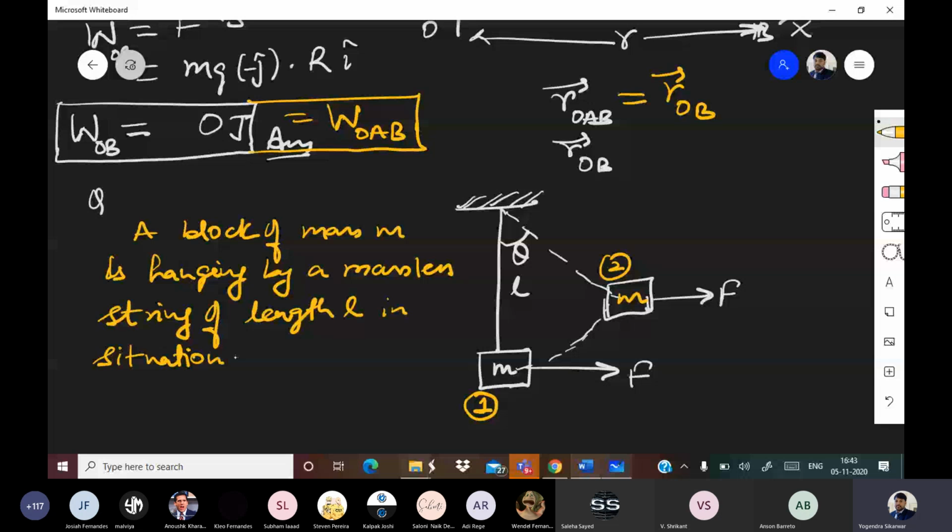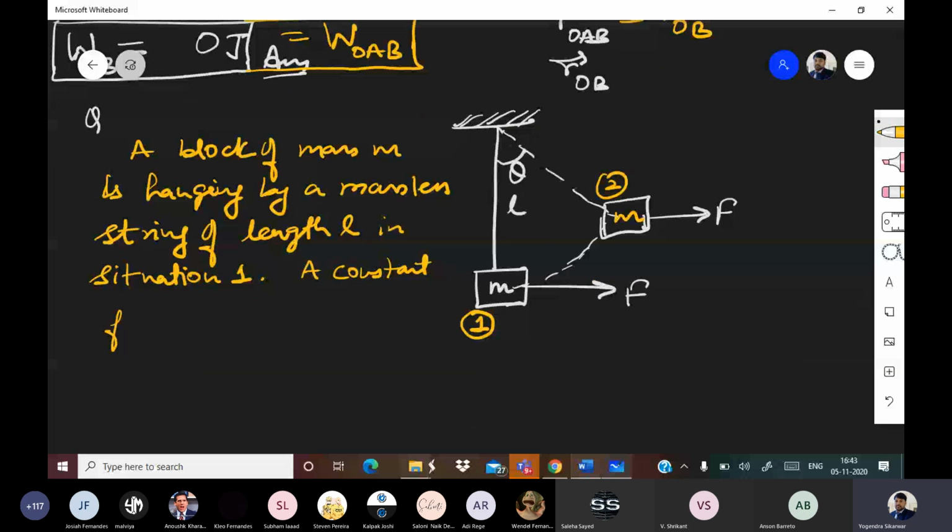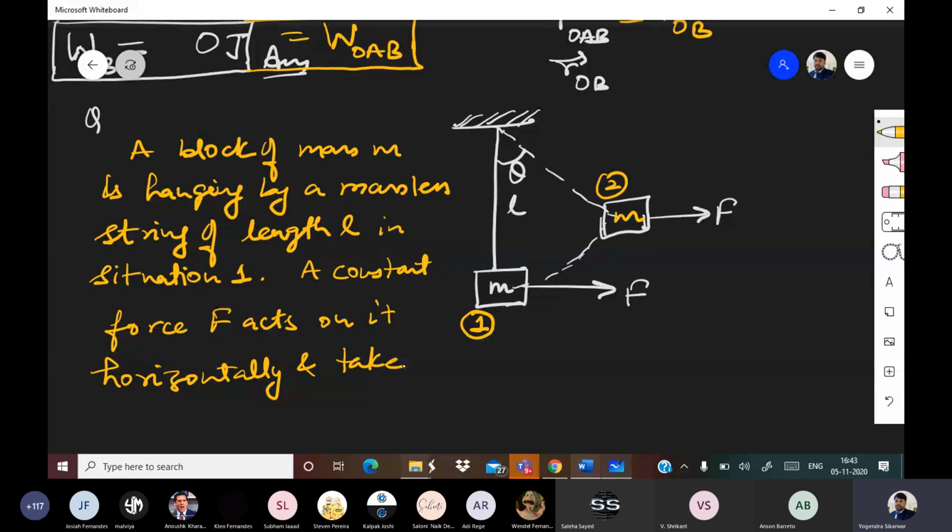In situation 1, a constant force F acts on it horizontally and takes it to situation 2.